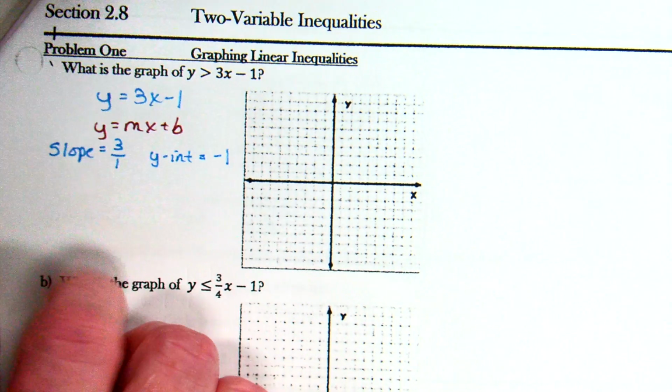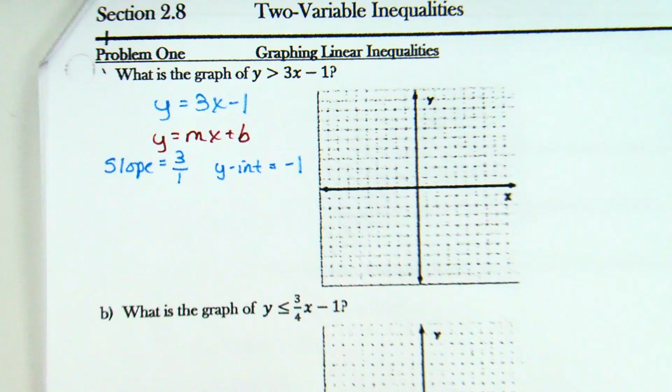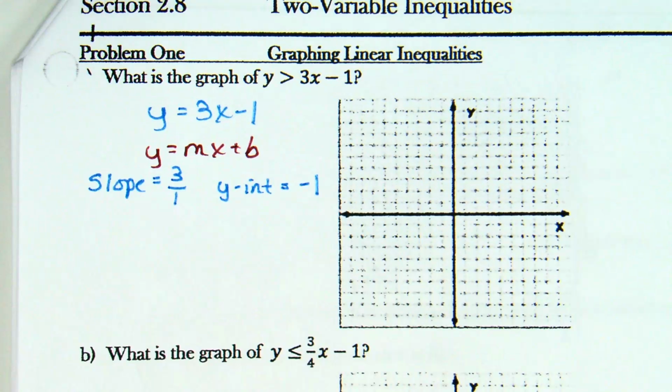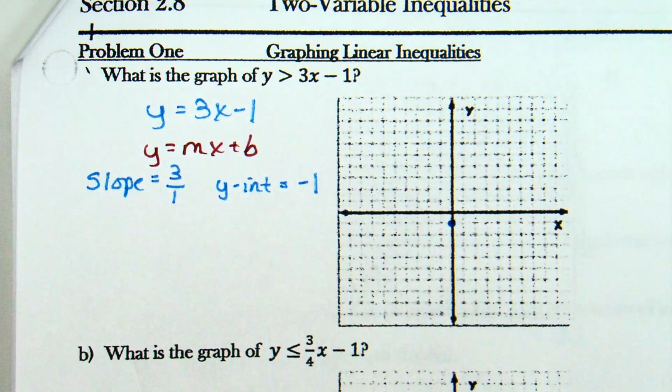So when you go to graph that, you do start by making a point at -1, which means you're going to go down 1 and make your first point. From that, we're going to rise 3, run 1.